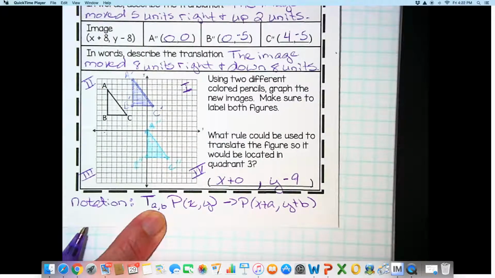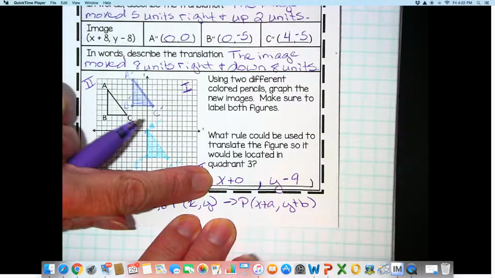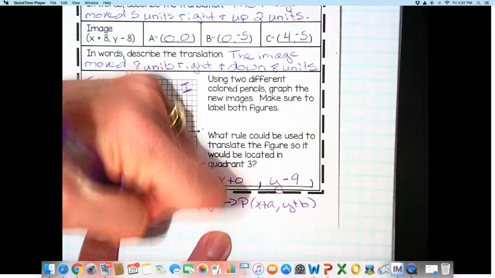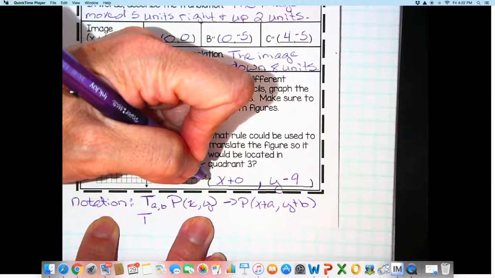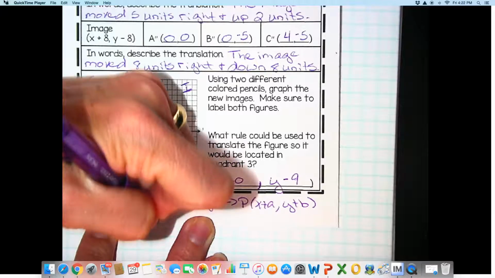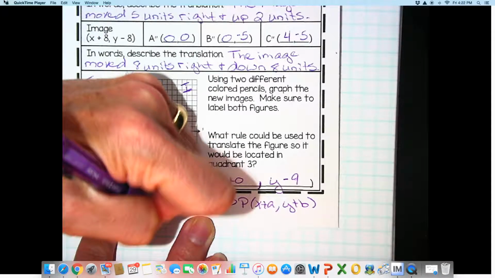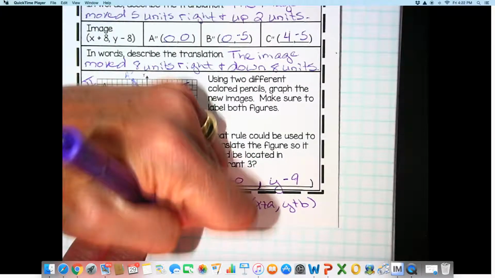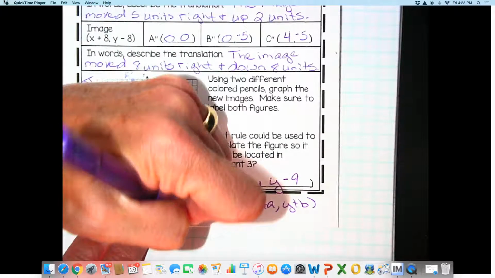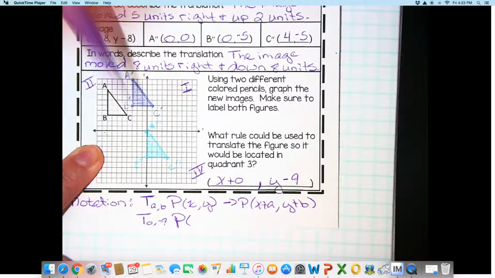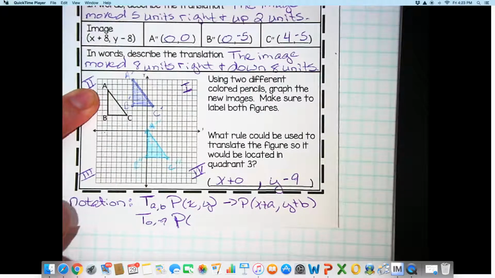So let's say, for example, I use this one right here. I would say translate 0, comma, -9, and let's say I'm going to use point A. Point A was where? I recorded it way up here at the top. It was at -8, 8.